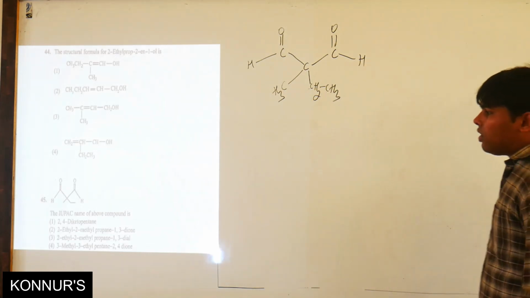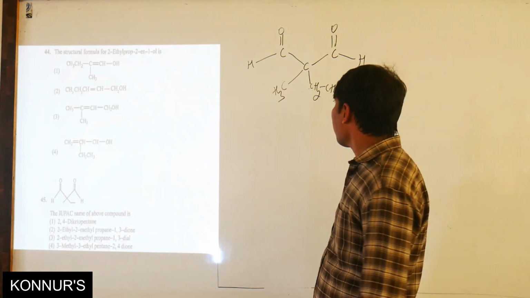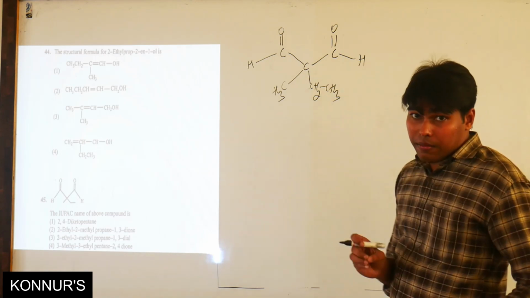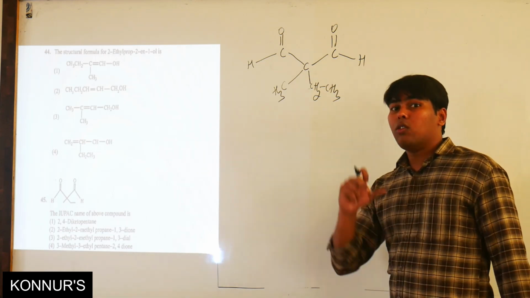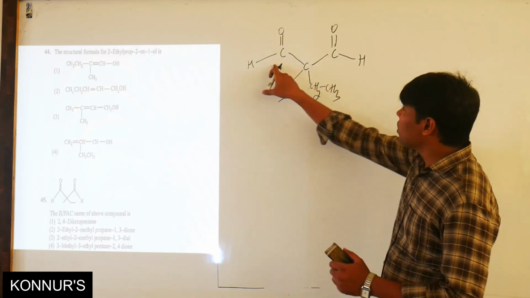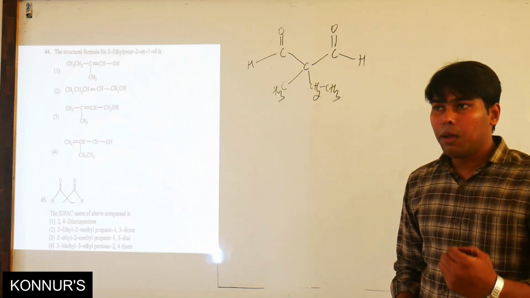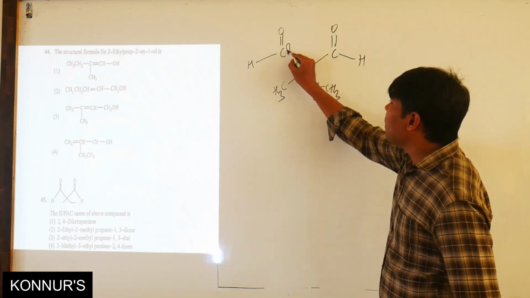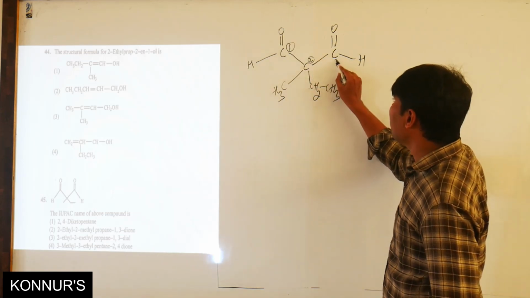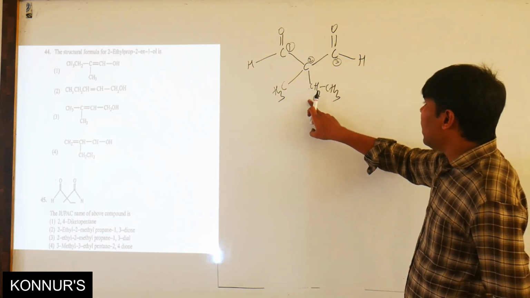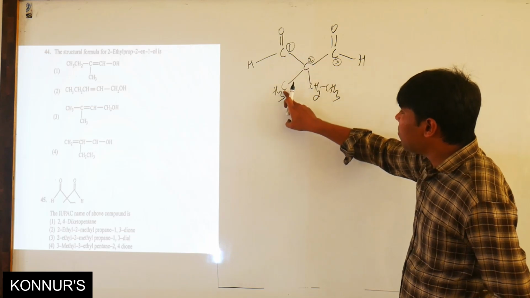So the IUPAC name of the above compound is. Now I am going to select the parent chain in such a way that these two functional groups come in the parent chain. So the first carbon, second carbon, third carbon. On the second carbon there is an ethyl, and again on the second carbon there is a methyl.